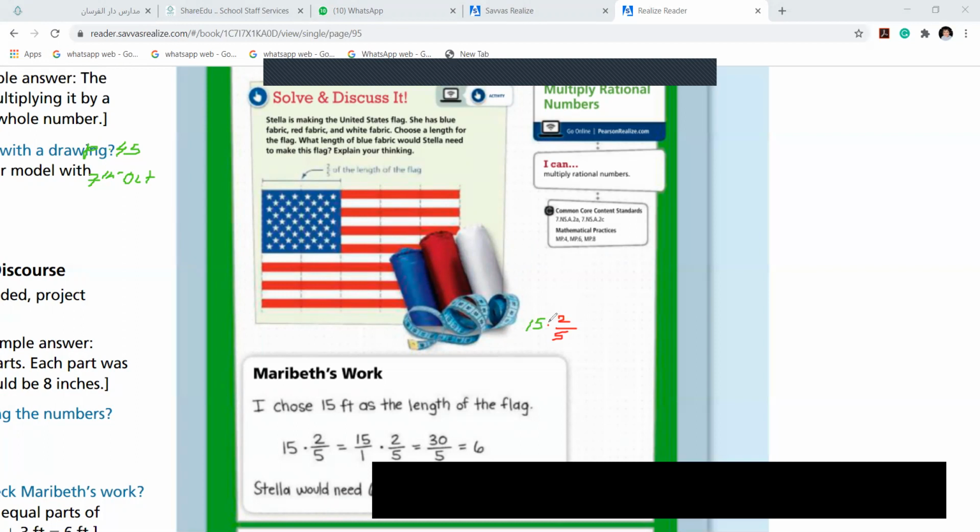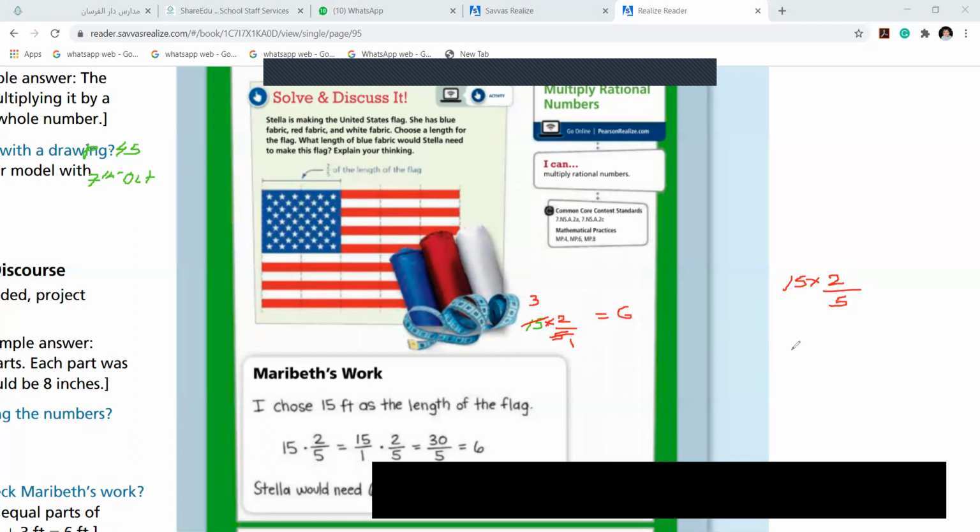Girls, do you remember how to simplify? Do you know how to simplify this? 5 times 1 and 5 times 3. Do you know how to do this or no? Yes. Everyone? Zishan, Dana, Miral, do you know how to do this? See, can you see this side? Yes. 15 times 2 over 5, where 15 is the total of the flag imagined by me.